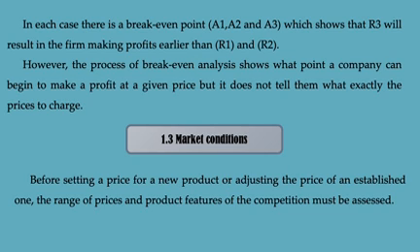In each case, there is a break-even point, as we mentioned before, A1, A2, and A3. And from the diagram, we can note that R3 will result in the firm making profits earlier than R1 and R2.